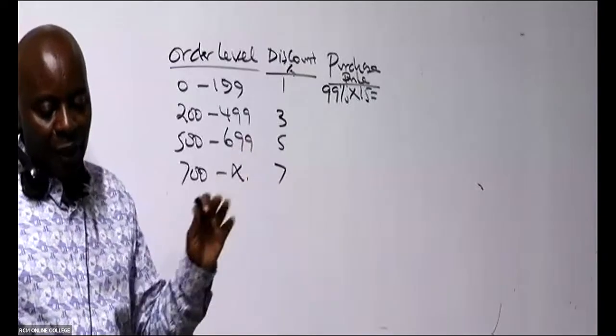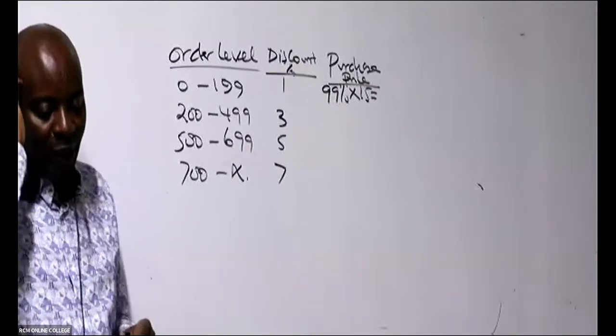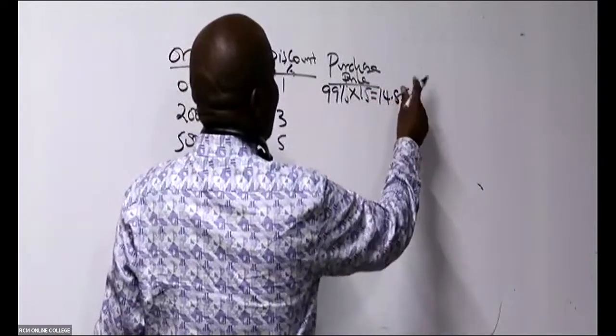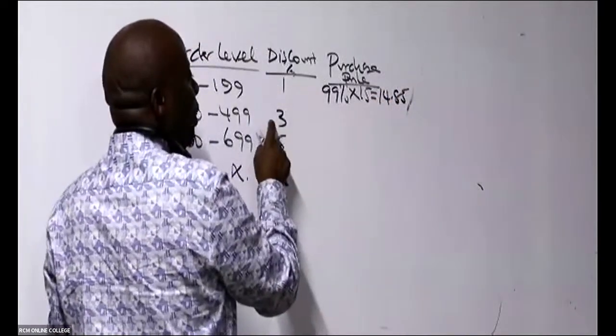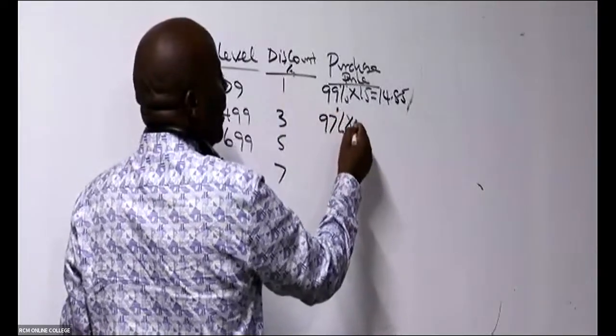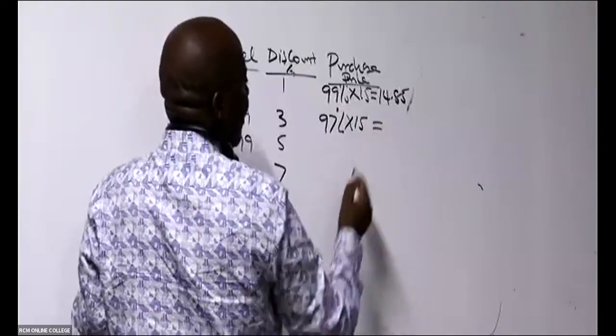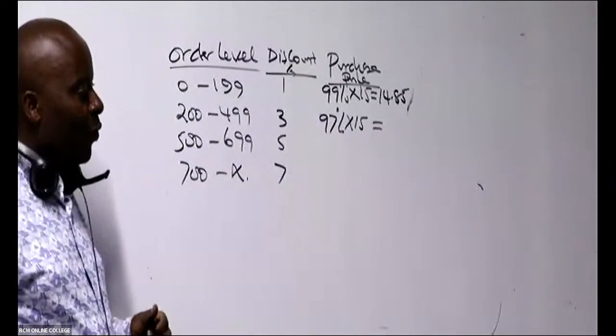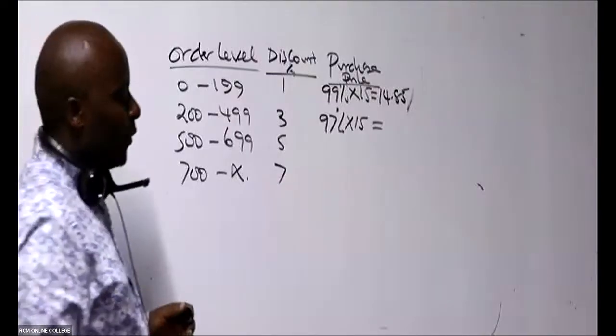The applicable purchase price is 14.85. If I'm given 3% discount, I'm procuring at 97%, so 97% of 15 gives me 14.55.